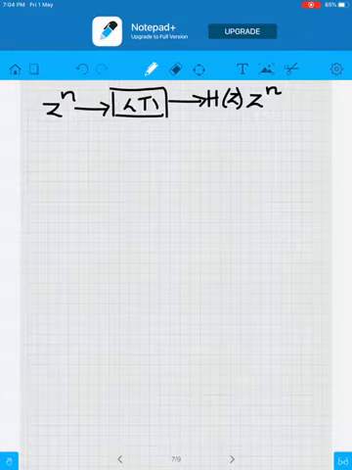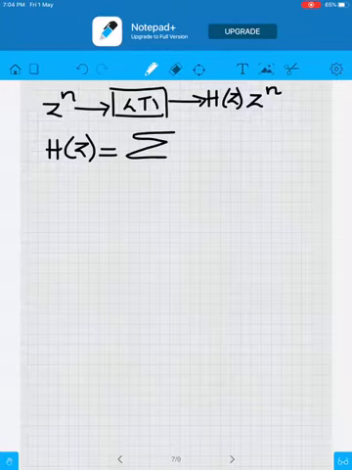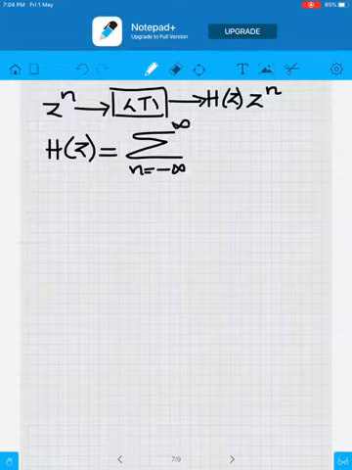H of z is called the system transfer function of a discrete time LTI system, and here it is written as summation n is equal to minus infinity to plus infinity h of n into z power minus n.